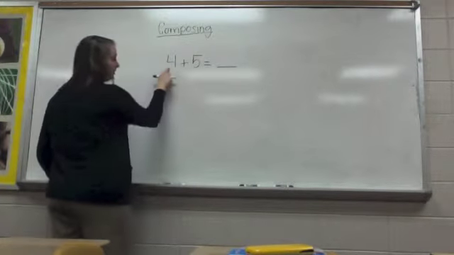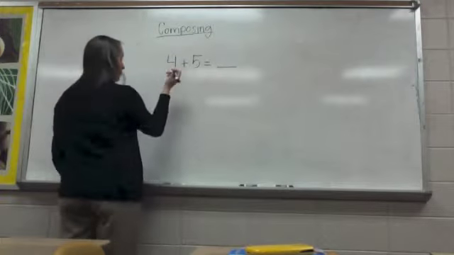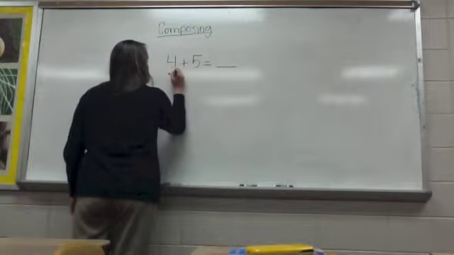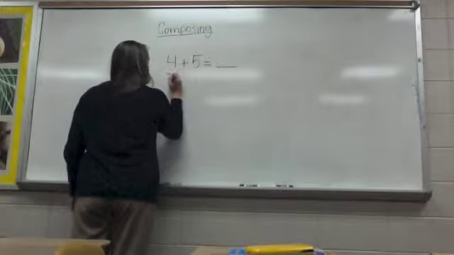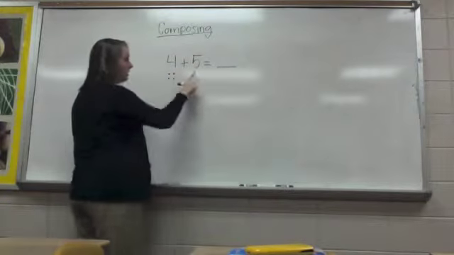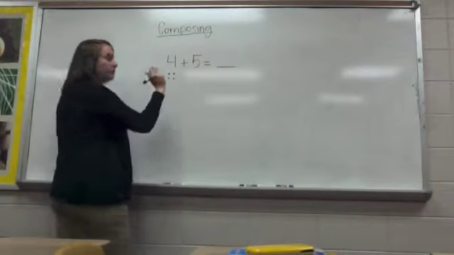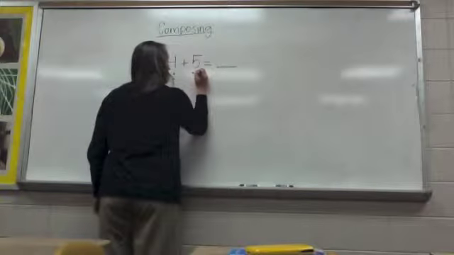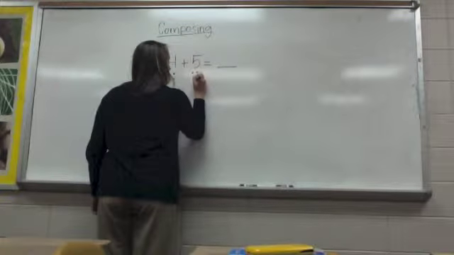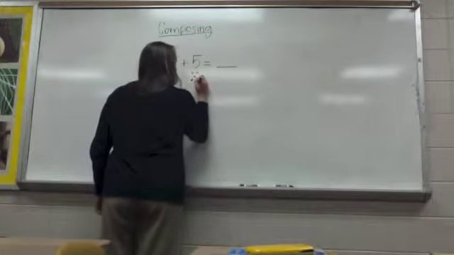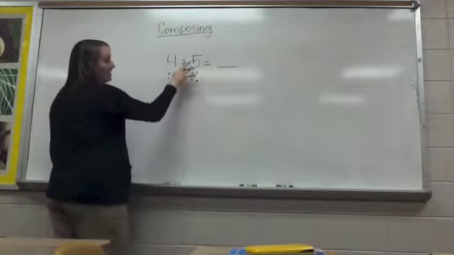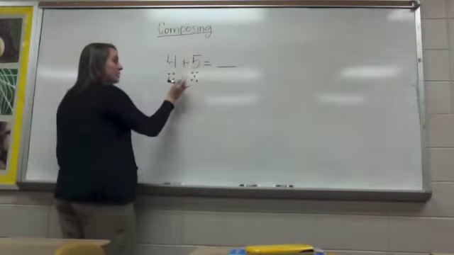How many do you have here? 4. So you'll have 1, 2, 3, 4. What is this number? 5. So you have 1, 2, 3, 4, 5. When we have this sum, we're taking both these numbers and putting it together.